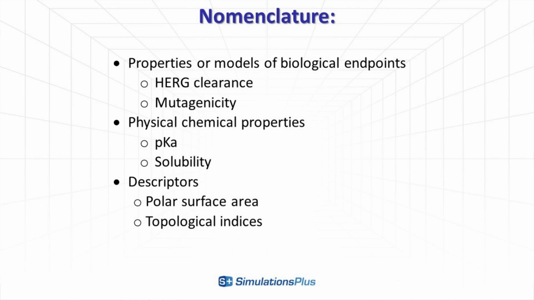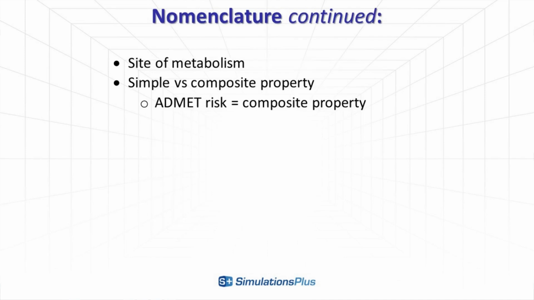Under the same amalgam, we'll be talking about things that can normally be referred to as descriptors, like polar surface area or topological indices. There are other quote-unquote properties, such as site of metabolism. Those are locations on molecules where metabolism events are predicted to happen.